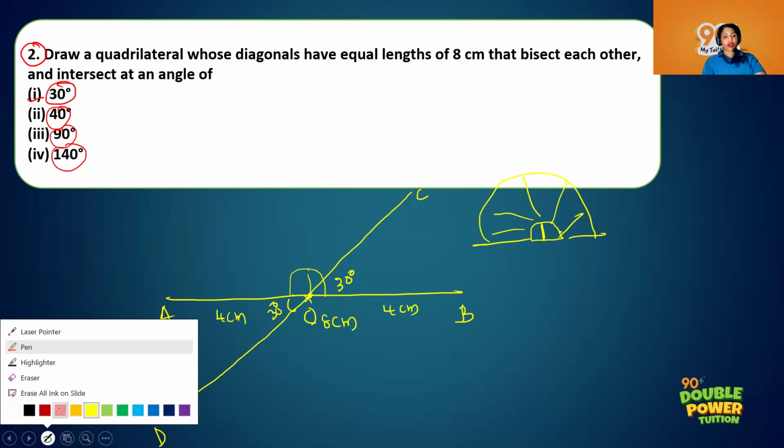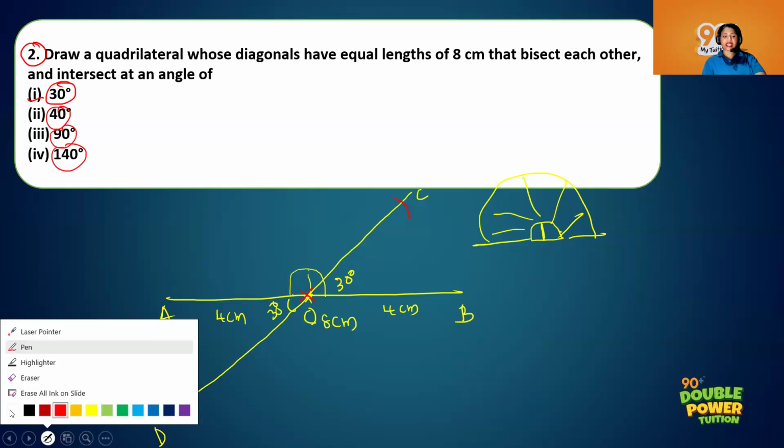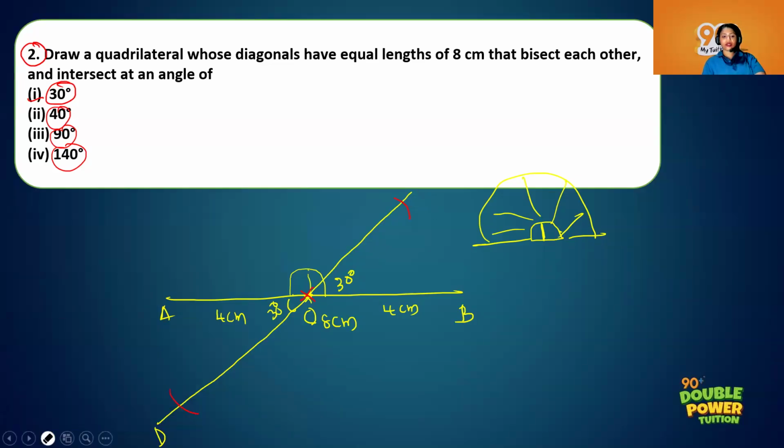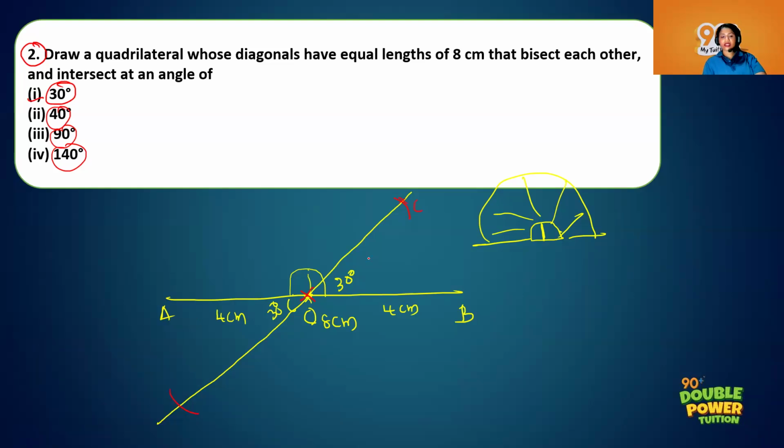Keep the needle point leg of your compass at the point O and draw an arc which cuts these 2 lines. We can name these points C and D. This is now C and this is now D. Okay.